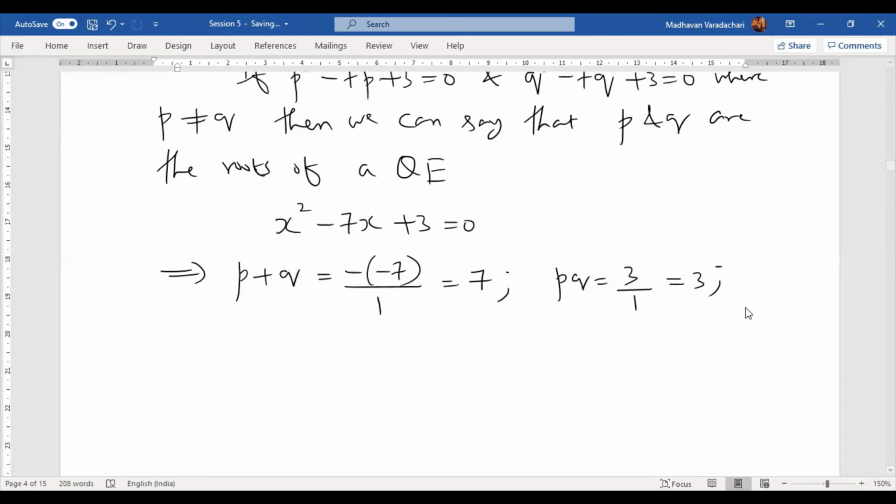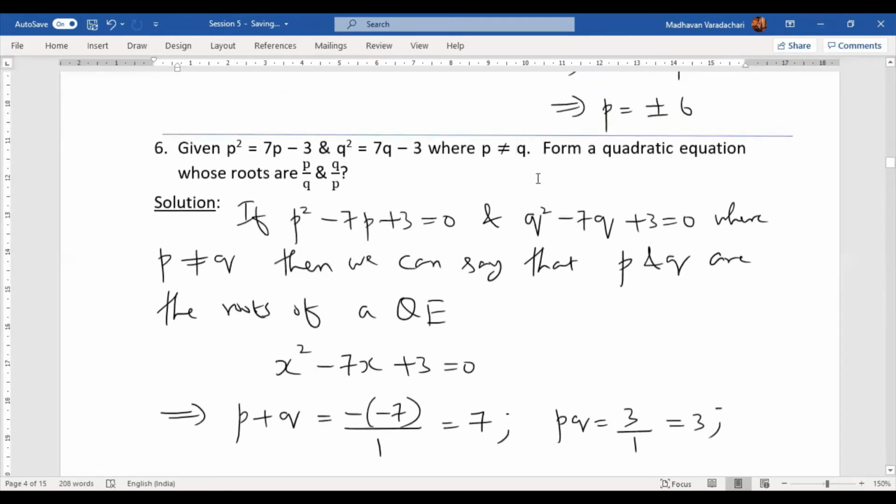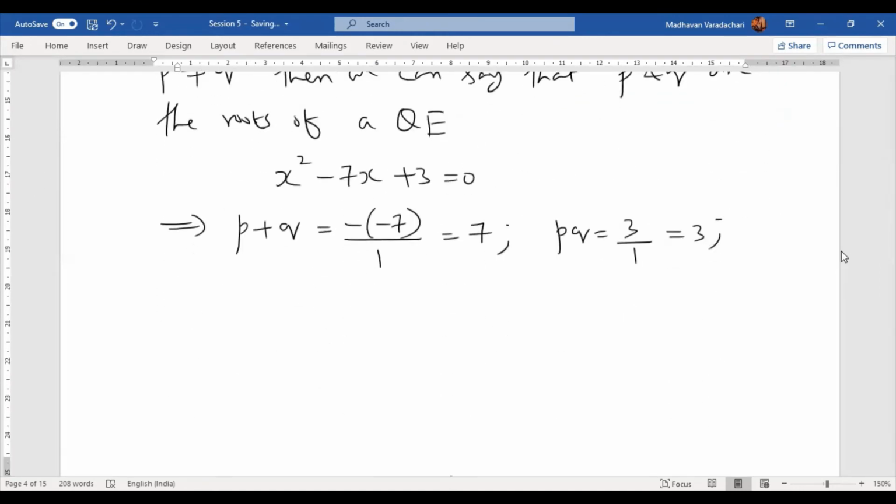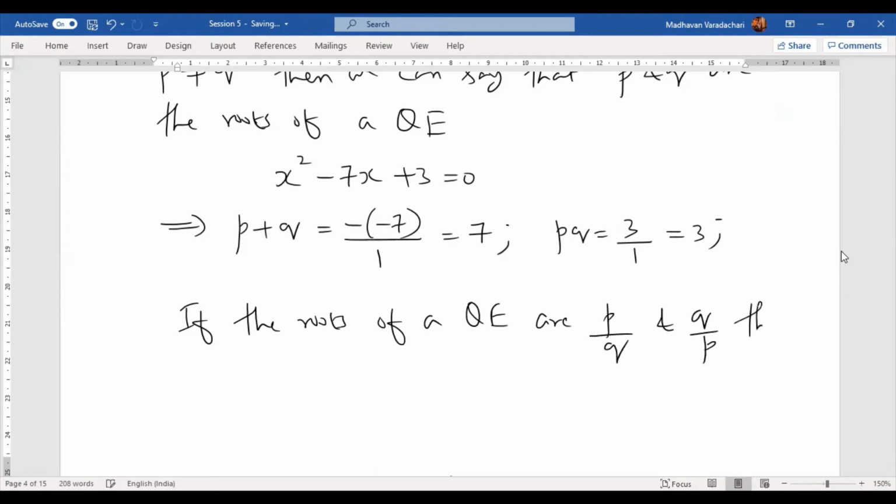Then further, the question is asking us to form a quadratic equation whose roots are P by Q and Q by P. Let us see that. If the roots of a quadratic equation are P by Q and Q by P, then the sum of the roots, what do you mean by sum of the roots?